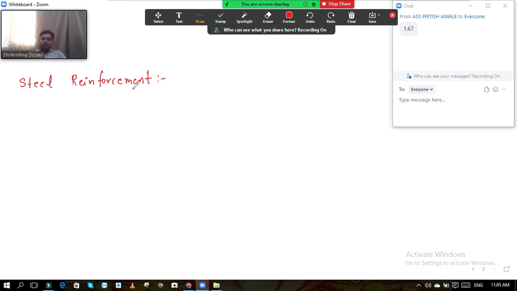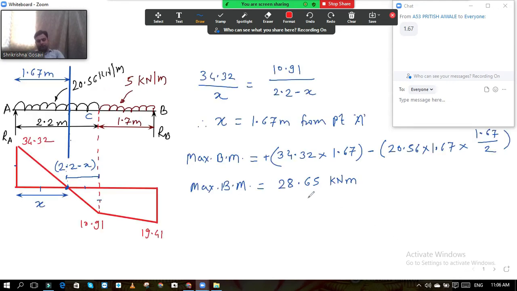What was the value of the bending moment when we took the check for depth? Earlier it was 39.22. So if your depth is safe for 39.22, then naturally it will be safe for 28.65, no? Yes or no?